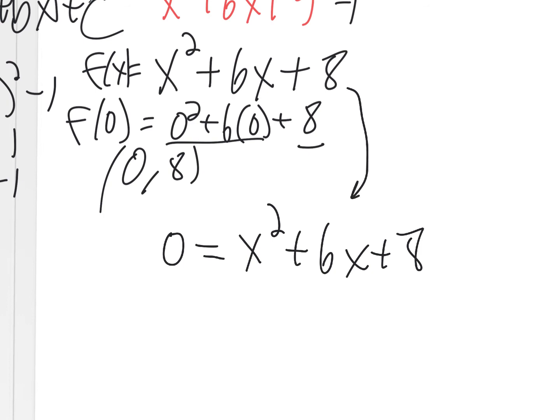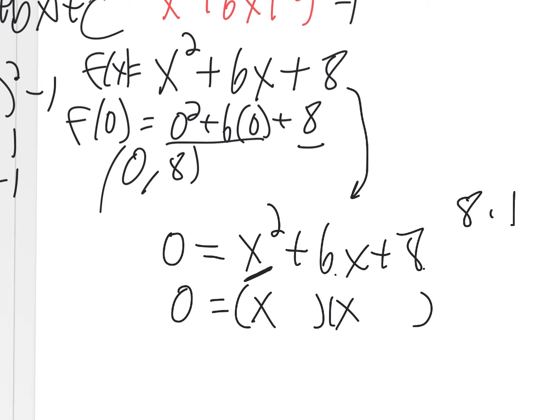Well, I should probably try to factor. It's a quadratic equation set equal to 0. So what multiplies to give me x squared? Well, x times x. What are the factors of 8 which will add to 6? Well, factors of 8 are 8 and 1 and 2 and 4. Do you see how the 2 plus 4 is the 6? And because everything's positive, both of these are positive. So this crosses the x-axis.